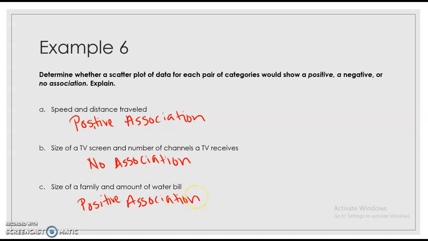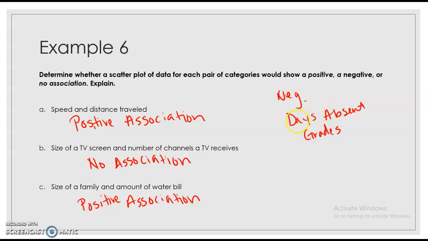I'm trying to think of an example of a negative one since there's not one on this list. Thinking off the top of my head, negative association: days absent and then grades.